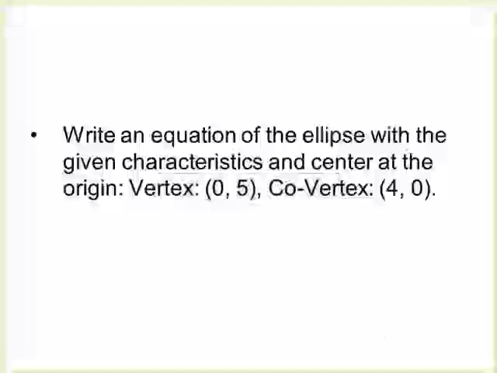All right, so we want to write an equation. So we're going to start x squared over something plus y squared over something equals 1. We have 2 blanks to fill in. We are given a vertex with a number in the y position. So what do I do with that? Square it and put it under the y squared.